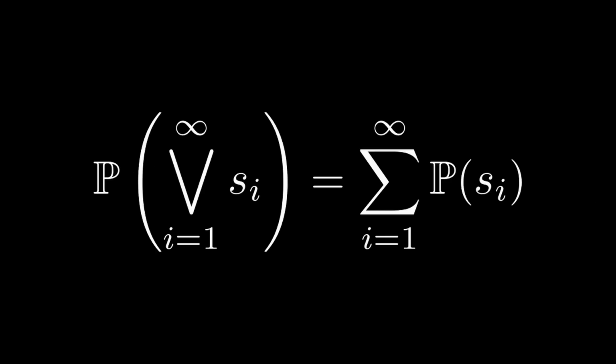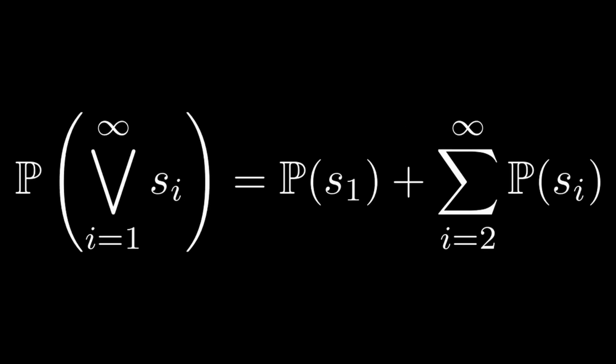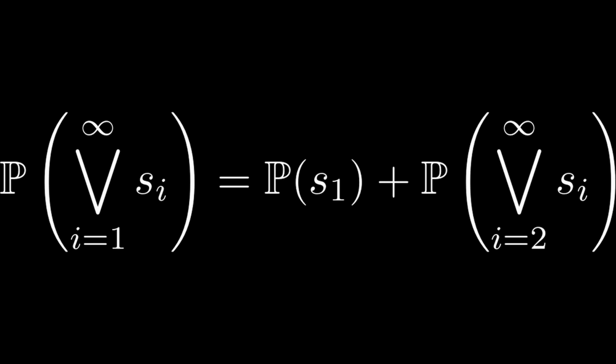That means we can apply countable additivity to say that the probability that at least one of those events occurs is the sum of the individual probabilities. But we're going to bring out the probability of S1 and leave the rest of that sum for later. We can now use countable additivity in reverse to say that that is the probability of S1 plus the probability that at least one of S2, S3, and so on occurs.